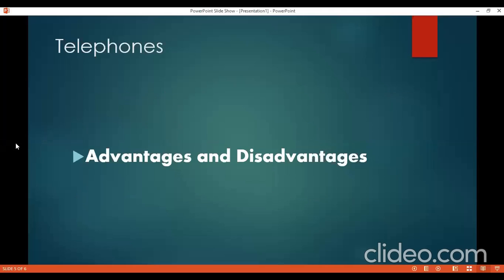Okay, the line says increase communication between people. Yes, you're talking about the concept of telephones in general, right? Now I want to know the advantages and disadvantages of the landline, for example, or the mobile phone.